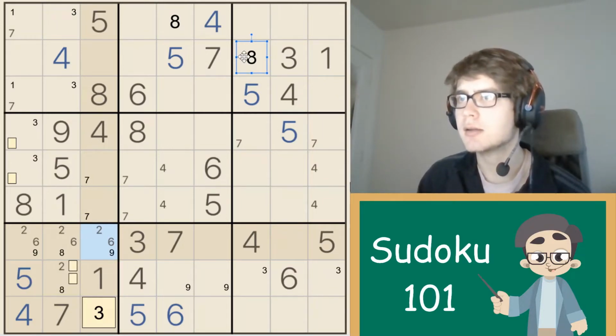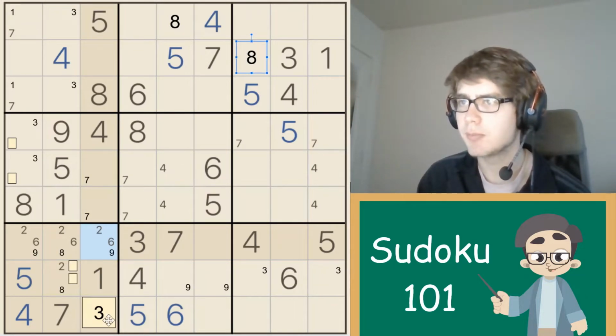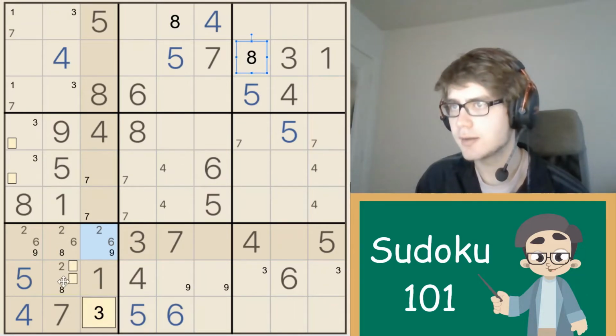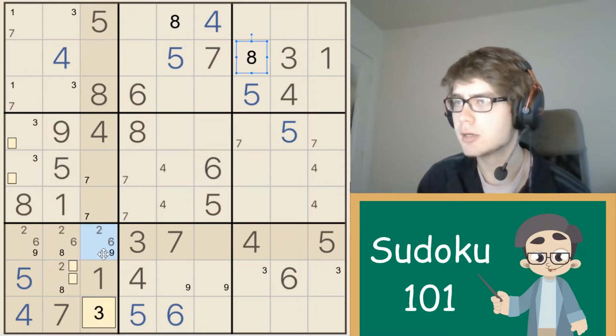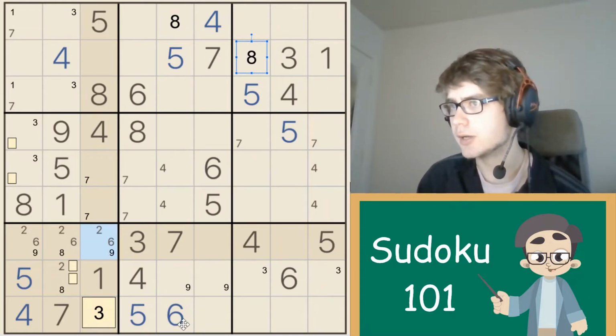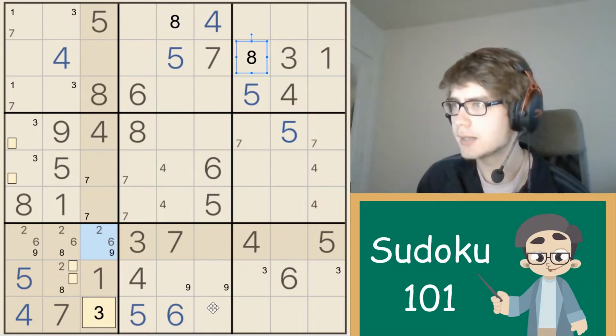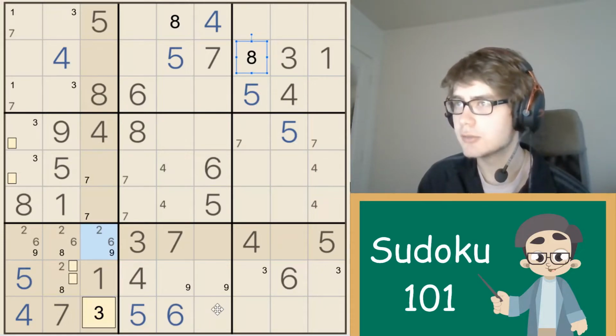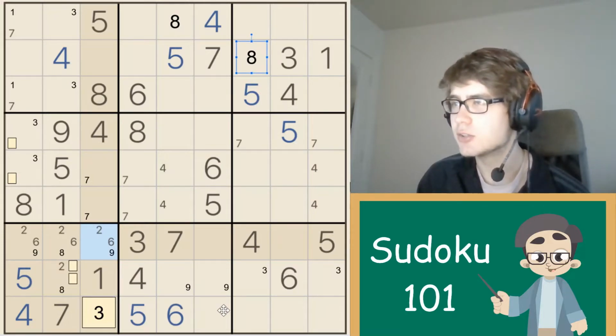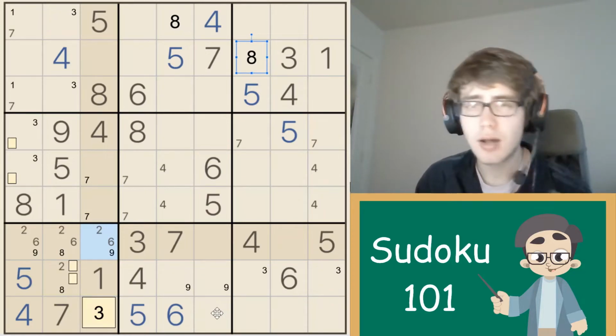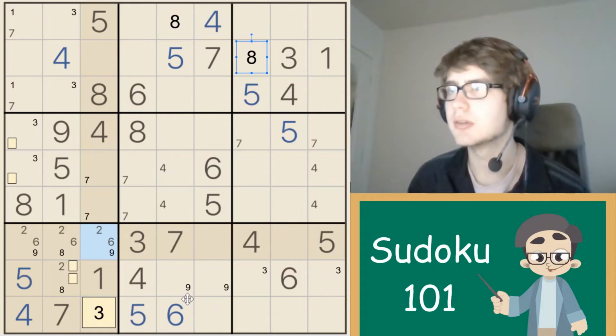Other than that, with the 3 blocking this space, I can now determine that the 9 has to be here or here, which effectively blocks off the 9 from being in either of these two squares. For some reason I did not put a 9 down here, gotta figure out why. I think a 9 does deserve to be there, if I had to guess. But I'll be right back after I figure out some more.